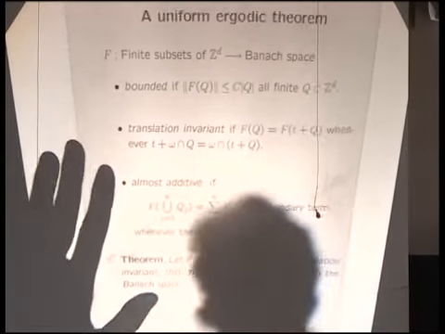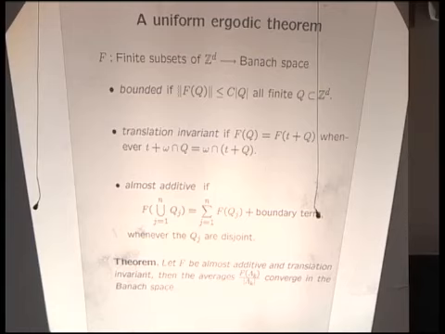So the proof, as I mentioned already, is really something about ergodic theory, and it's a kind of uniform ergodic theorem as follows. Consider functions f from the finite subsets of Z^d into a Banach space, and they should have three properties.